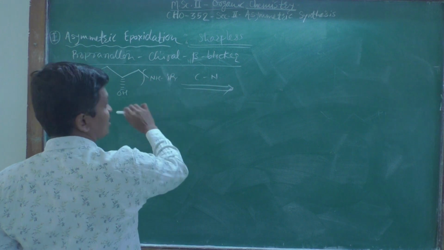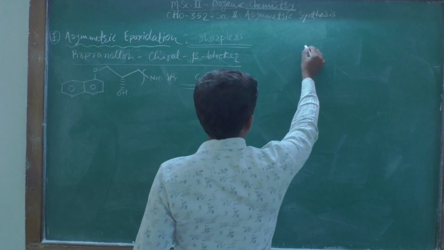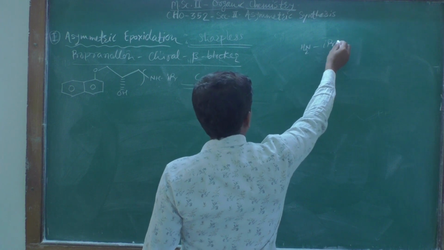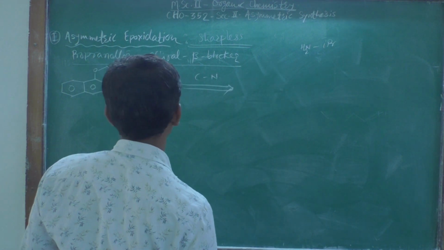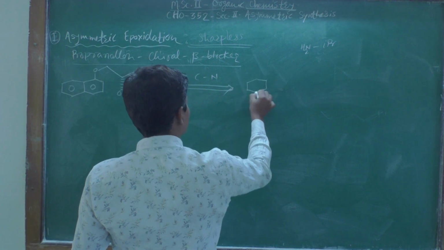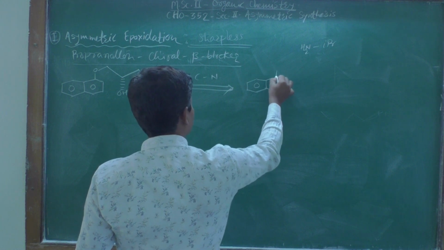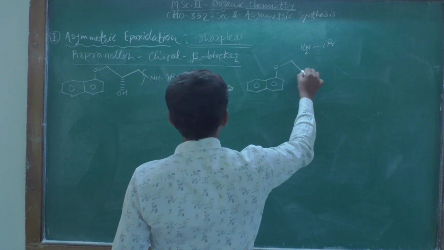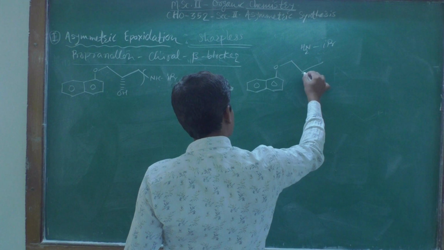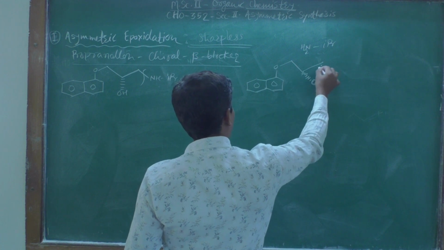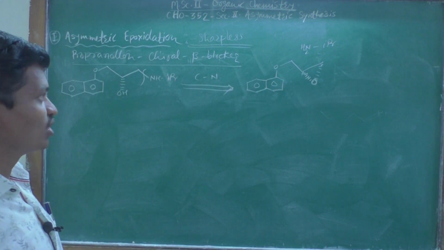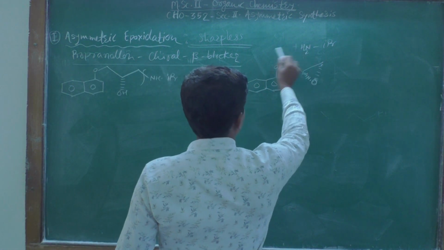We are getting the synthetic equivalent of this, which will be isopropylamine, NH2 iPr. So we are getting isopropylamine, and this 3-membered epoxide will be there. So the synthetic equivalent of this will be the epoxide, O CH2 CH O. So this synthetic equivalent can be obtained by breaking this carbon-nitrogen single bond. Okay, so this plus this we are getting this.